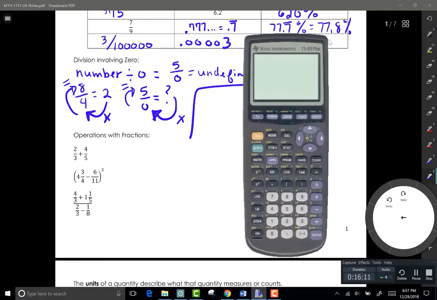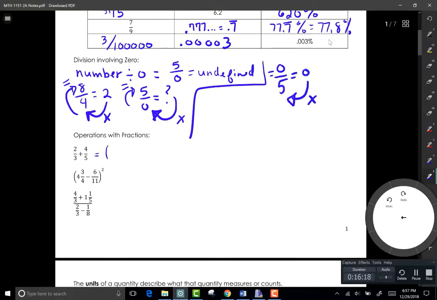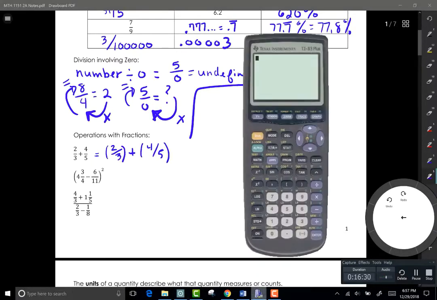Now, whenever we enter a fraction on the calculator, we need to put parentheses around it. So I'm going to put in the calculator 2 divided by 3. So there's my first fraction, plus 4 divided by 5. So in parentheses, here's my parentheses right here, 2 divided by 3, close parentheses, plus, 4 divided by 5, close parentheses.